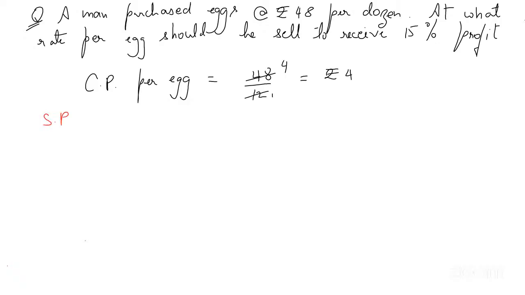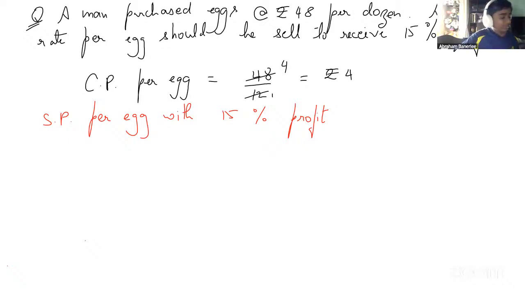Selling price per egg with 15% profit. Ma'am, you'll have to sell each egg for 1.1 rupee if he wants to earn 15% profit.